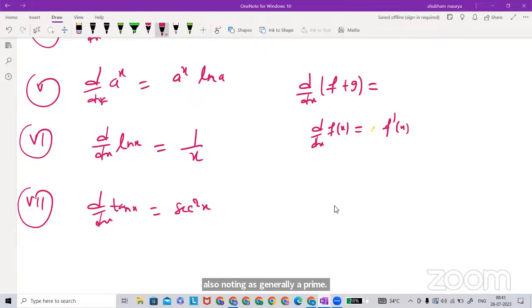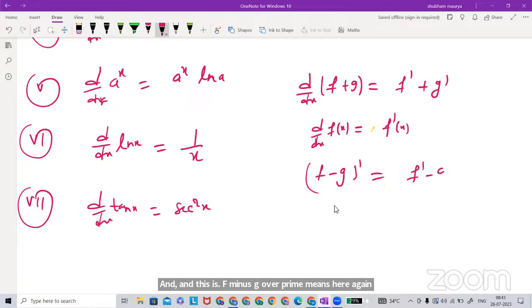So very quickly we can write this as f prime plus g prime. That means d/dx of f(x) plus d/dx of g(x). And for f minus g, the derivative is f minus g prime.